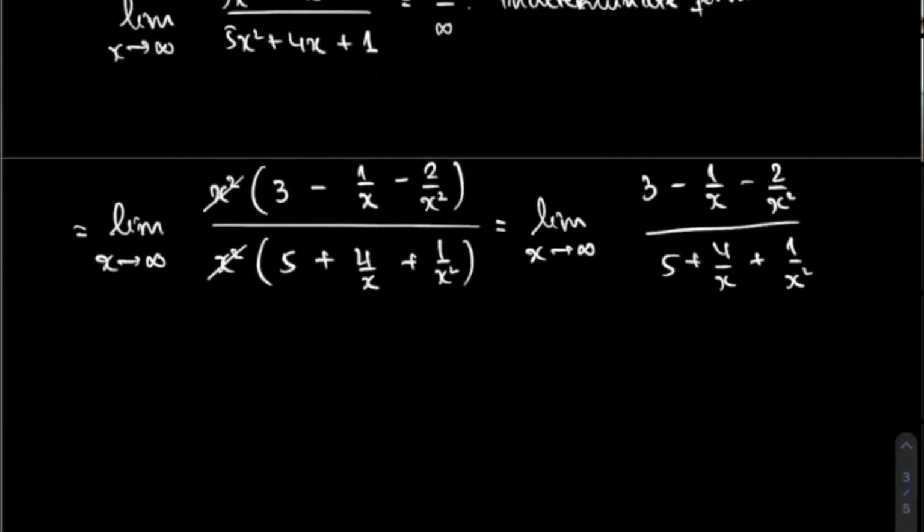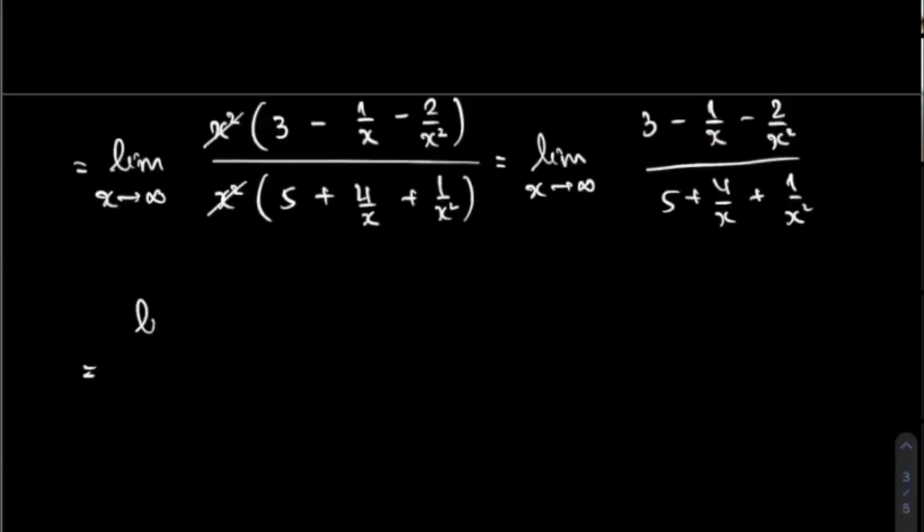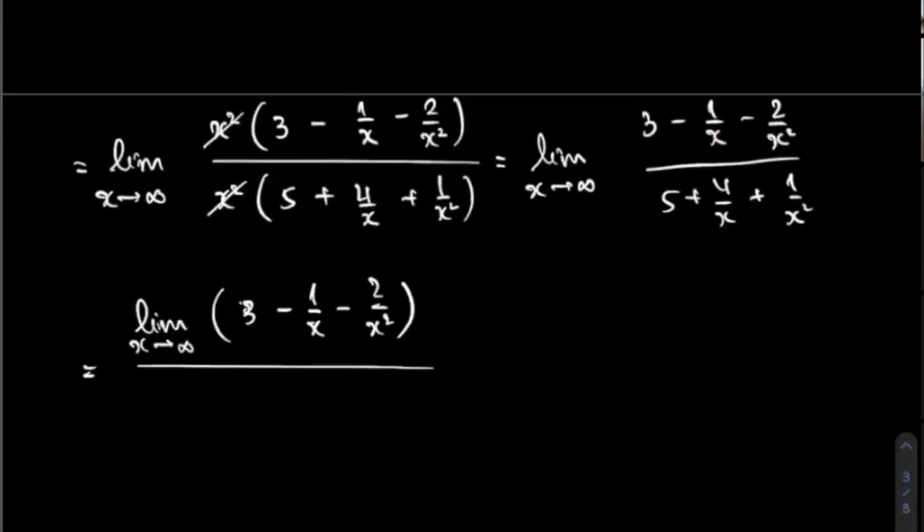1 over x squared. And you remember the limit laws: the limit of the sum is the sum of the limits, and so on and so forth. And this is the quotient. The limit of the quotient is the quotient of the limits. So you can take the limit of the numerator and the limit of the denominator. So the limit as x goes to infinity of 3 minus 1 over x minus 2 over x squared, divided by the limit as x approaches infinity of 5 plus 4 over x plus 1 over x squared.